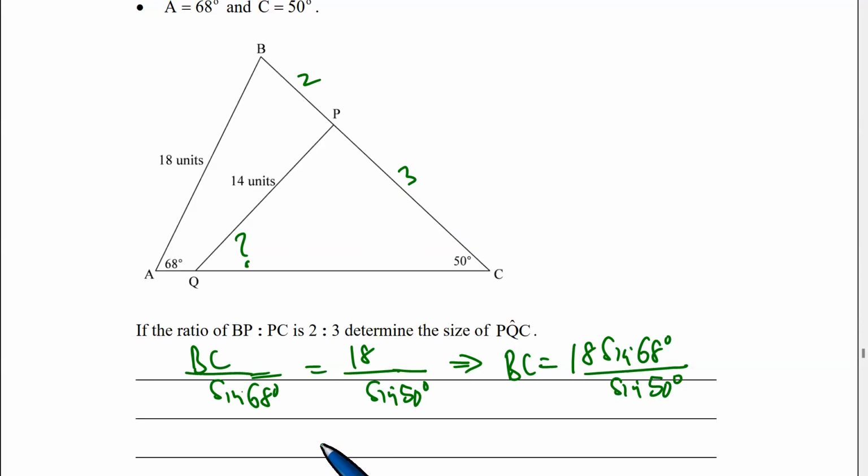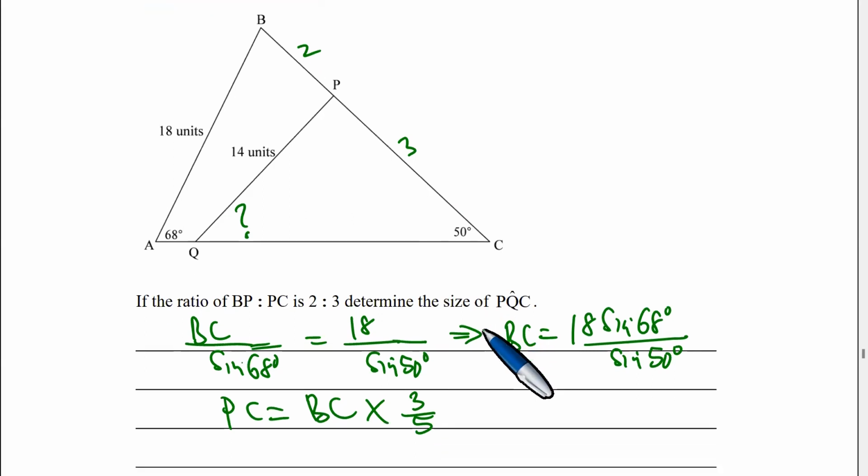It means we are able to find PC. And PC is going to be this one. So PC is going to be the same as the whole of BC times 3/5. So to get PC, we can take the whole of BC and say BC times 3/5.